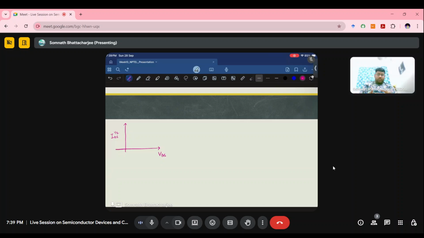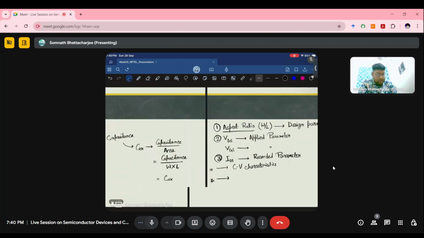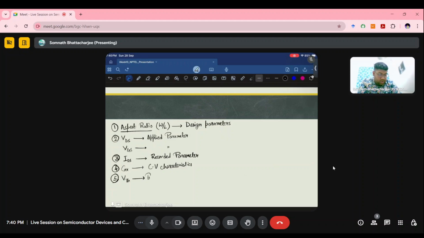We are just taking the square root of the y-axis and plotting the x-axis directly. The plot will look something like this, nearly a straight line. From the maximum slope of this, we can directly get the value of VTH from the transfer plot, or the square root of the transfer plot.